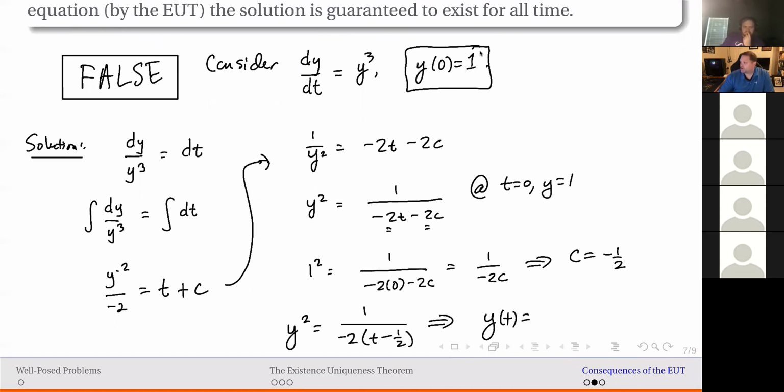Because the y value here is positive in the initial condition, it would be the positive square root that ends up getting taken. So this would be the solution to this problem.